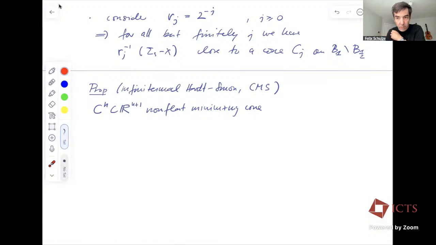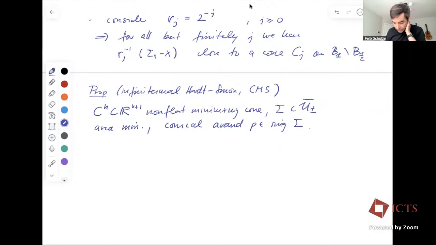So on one side of this area minimizing cone. And let's assume that it's conical around some point P in the singular set of Σ. Okay. Now P does not need to be 0. Good.